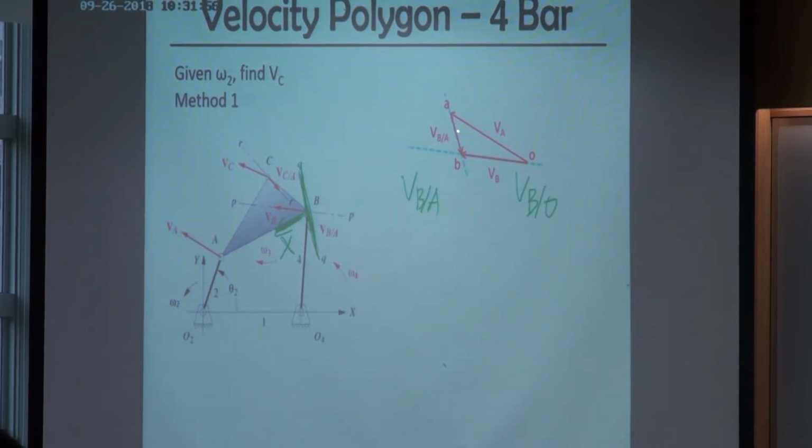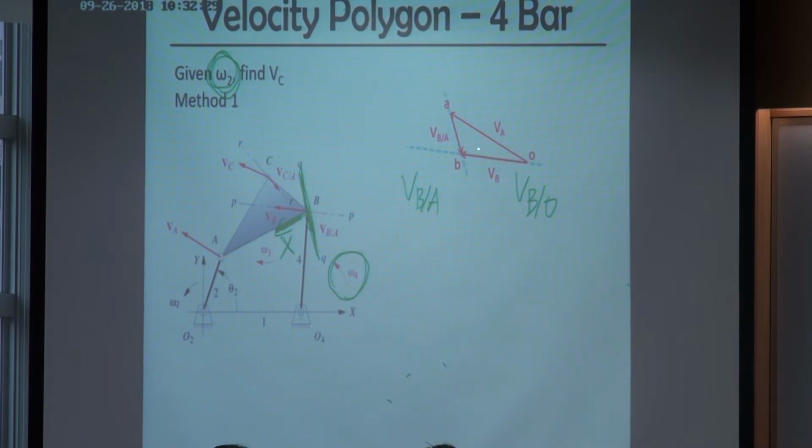So once we find this point B, we already find the velocity of point B. Originally the angular velocity is given, so we know omega 2. We probably also want to find omega 4. Maybe. Well, in this question, we want to find VC, but let's say if we also want to find omega 4.